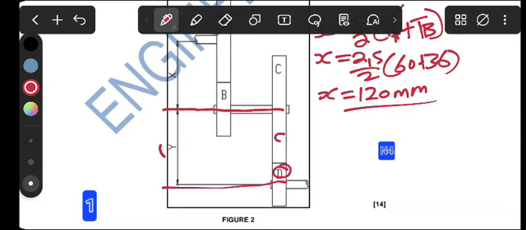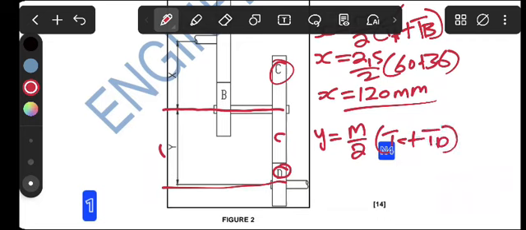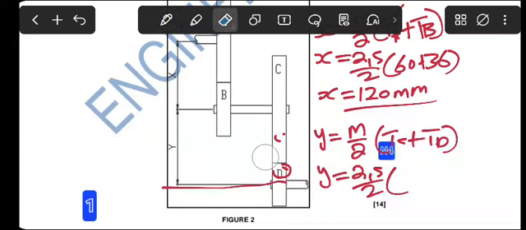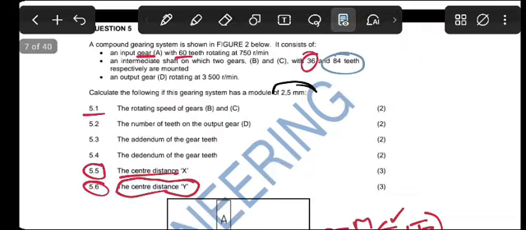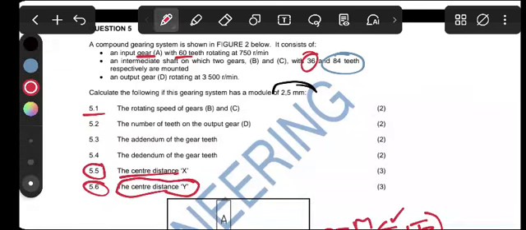So Y will be the module divided by 2, as we know, for the center distance. Now we'll have the teeth of C plus the teeth of D. So we have Y, the modulus 2.5 divided by 2. The teeth of C here is 36.